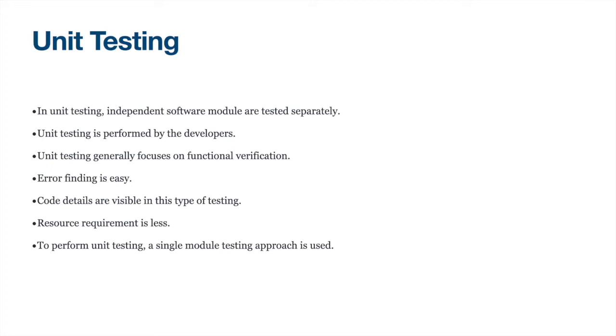So what the developer will do is only pass some dummy values and try to see, okay, 5 multiplied by 2.5, 10 multiplied by 2.5, or 5.5 multiplied by 2.5. That's it. They are not going to perform any validations. And the second thing is, it is always performed by developers.